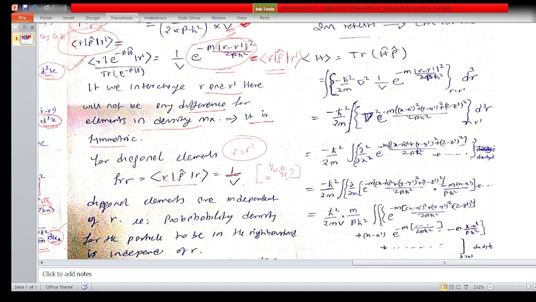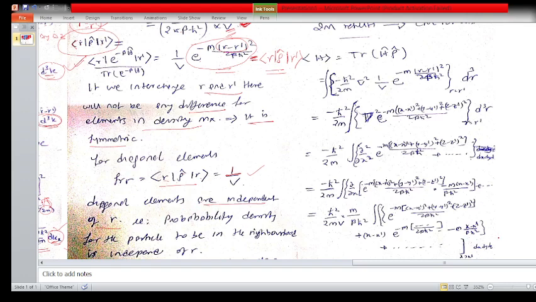So the density matrix, in this case also, is a symmetric matrix, and the diagonal elements have the value 1 by v. So the diagonal elements are independent of r.